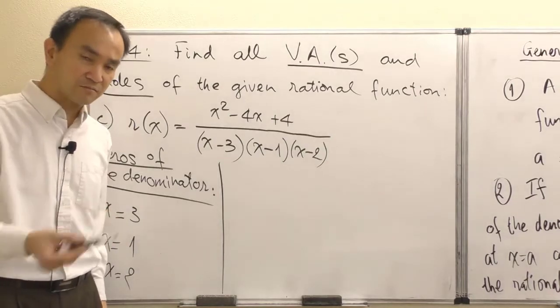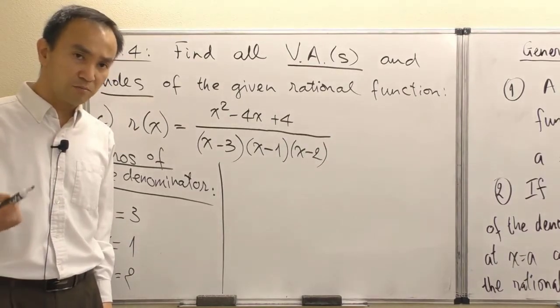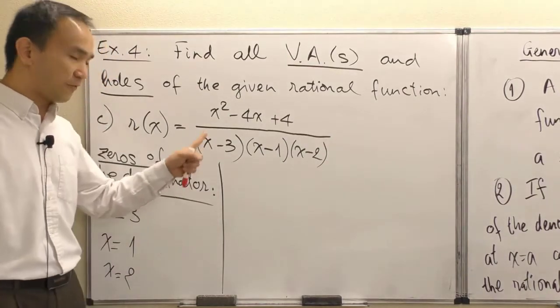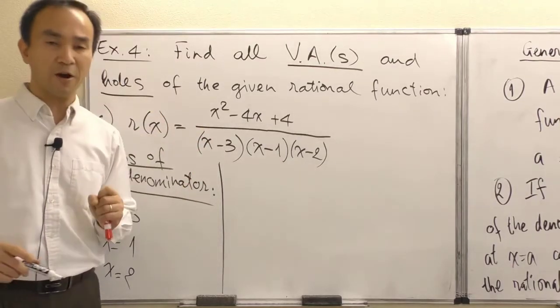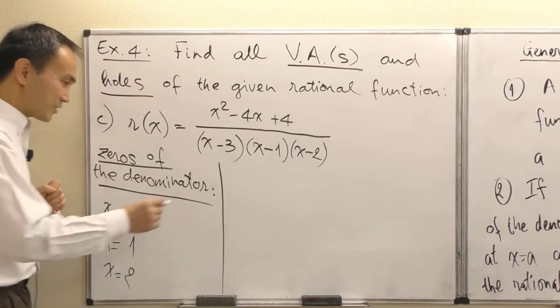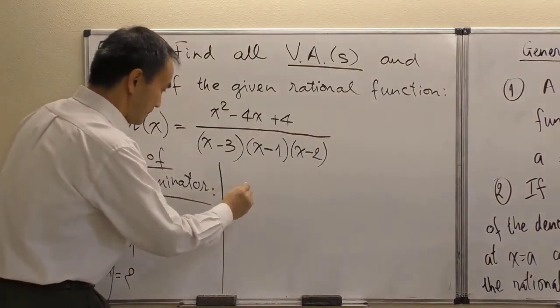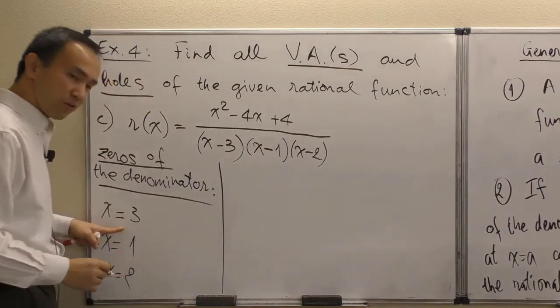Multiplicity, back in our learning about polynomials, only affects the shape of the graph at that zero.